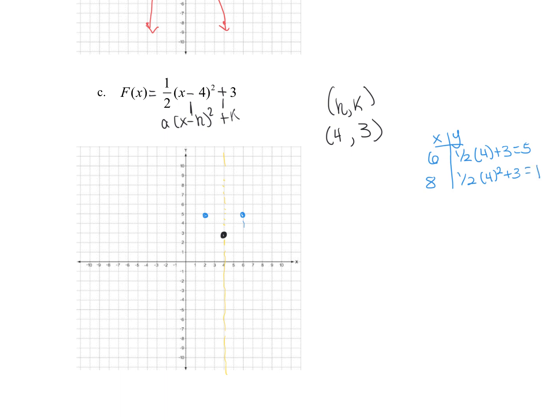So at 11, this side I just drew is over 1, 2, 3, 4 from that axis of symmetry. And I go over the other way, 1, 2, 3, 4, and then go up to 11. So there is my parabola.